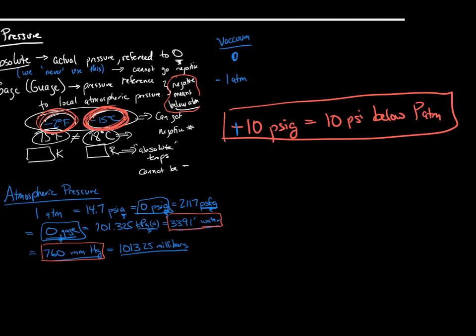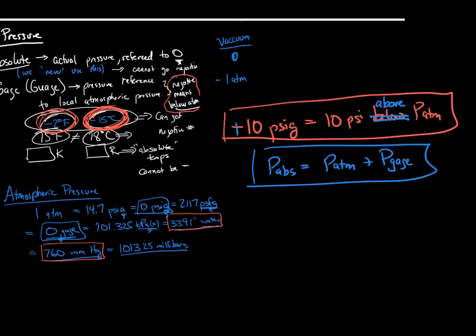Well, that means I'm 10 psi above PATM. Mathematically, what we say is P absolute equals PATM plus the pressure gauge. And that's how you go from one to the other.